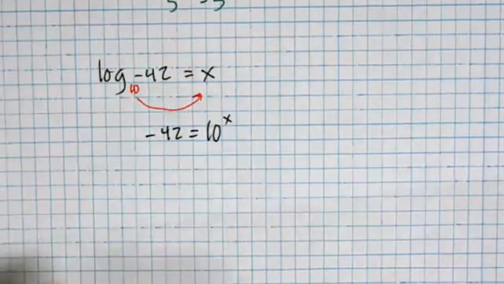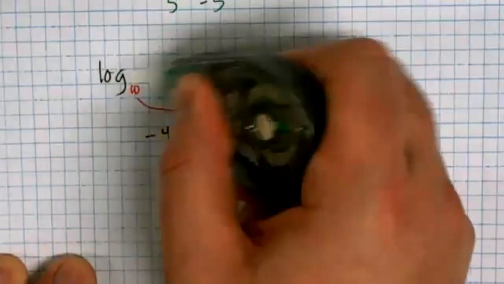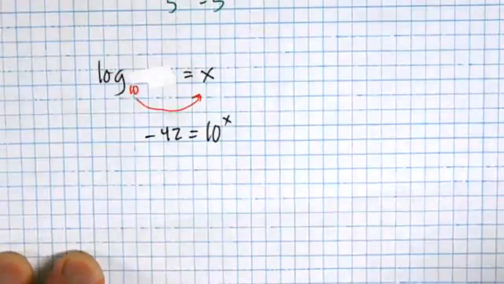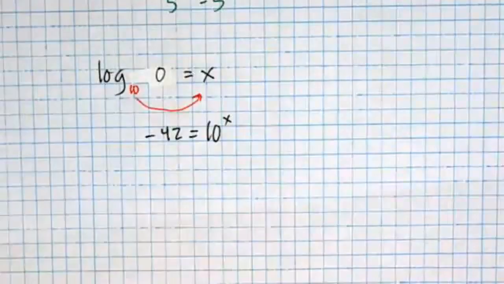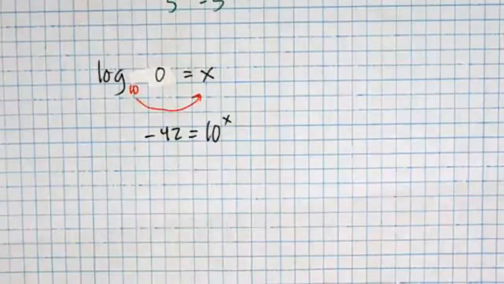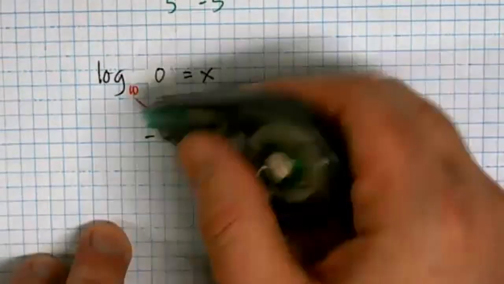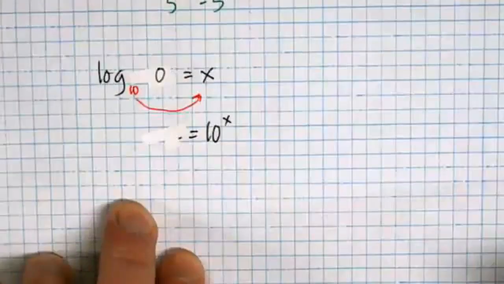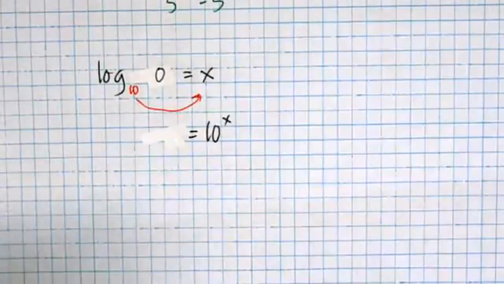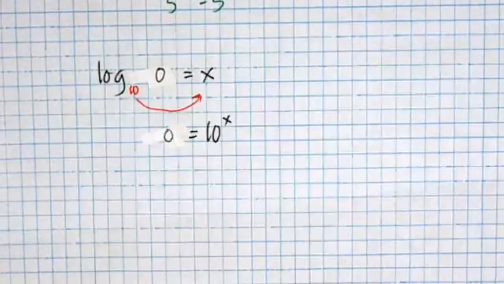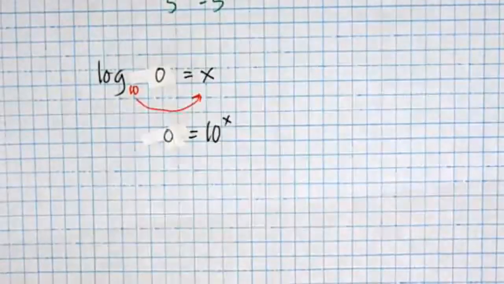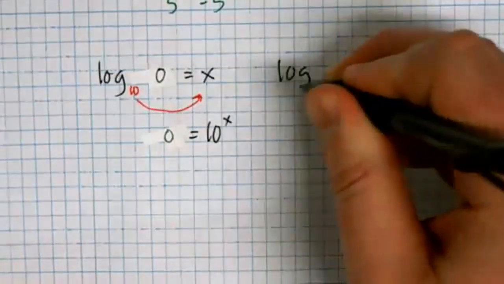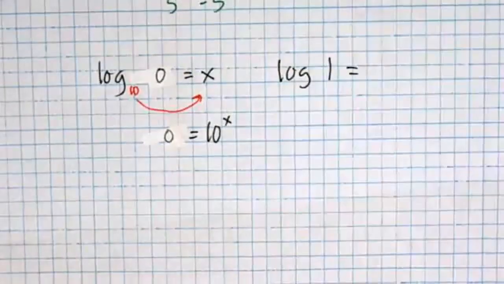What if I changed it, so instead of -42, it was 0? Can we take the log of 0? Is there any exponent that I could put onto a 10 and make it equal to 0? No. What about 1?